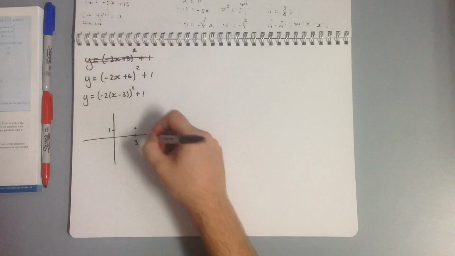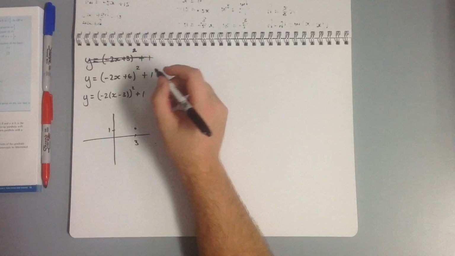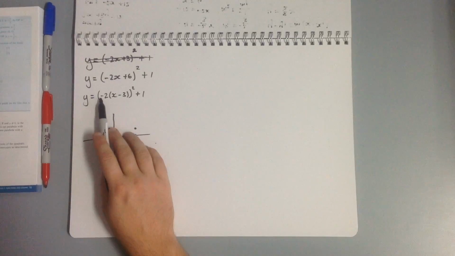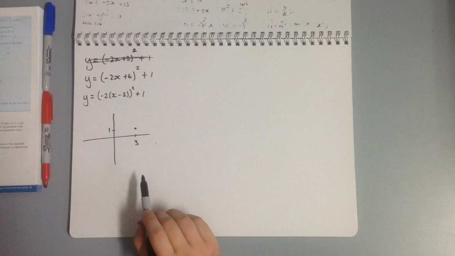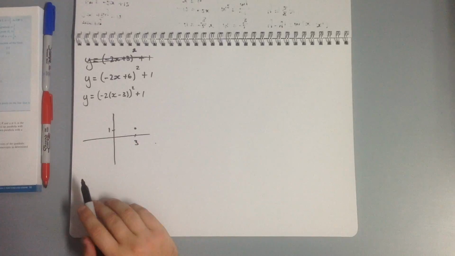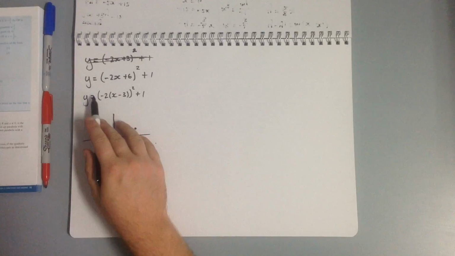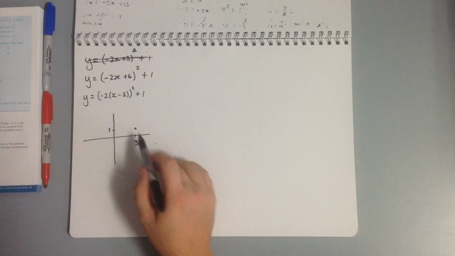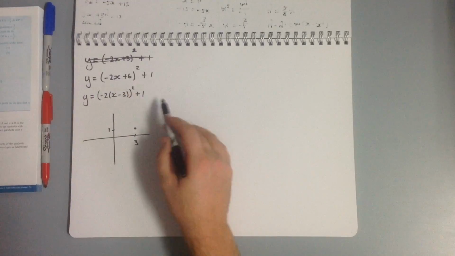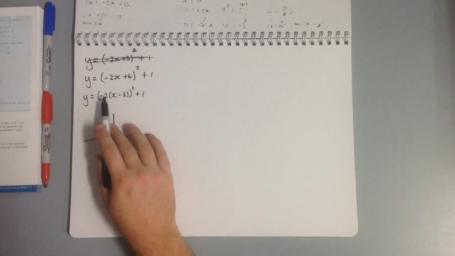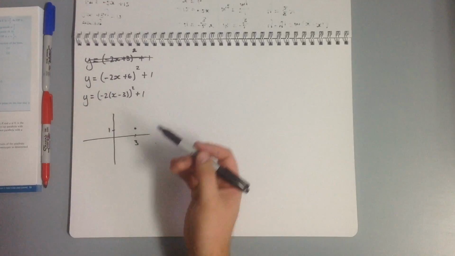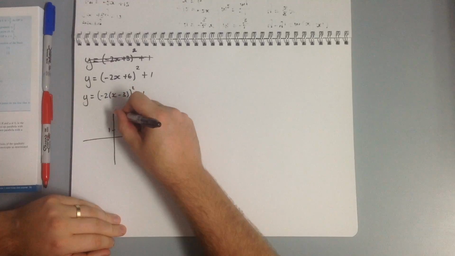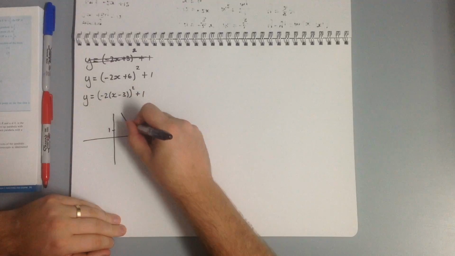The other thing about this too, if you weren't sure what was going to happen, is that this negative here has actually made it negative this way, and the negative actually has to be outside here. It doesn't change whether we're positive like this or like this, basically because this negative is going to be squared, and it's going to disappear. So we're still going to be positive, and we're going to be something like this.